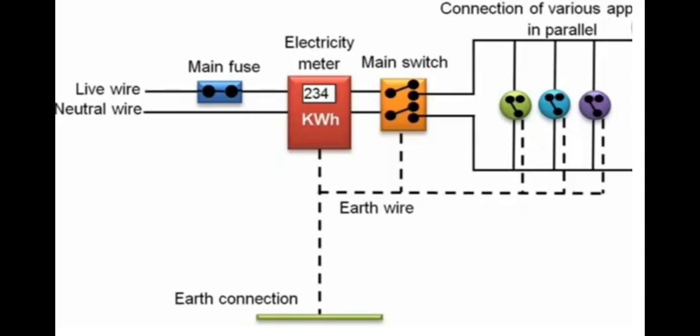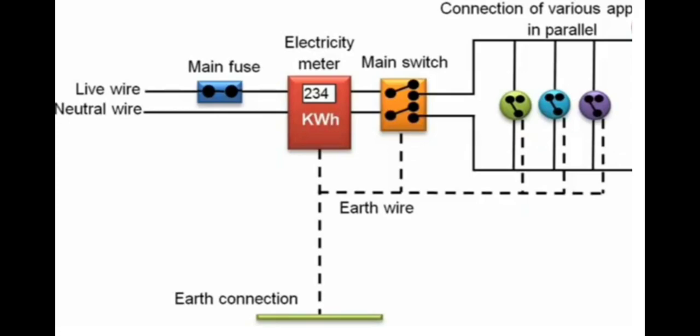The meter is used to record the consumption of electrical energy. The fuse box contains either a fuse wire or a miniature circuit breaker, MCB. The function of the fuse wire or MCB is to protect the household electrical appliances from overloading due to excess current.